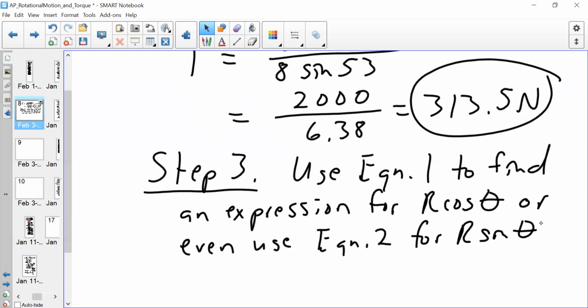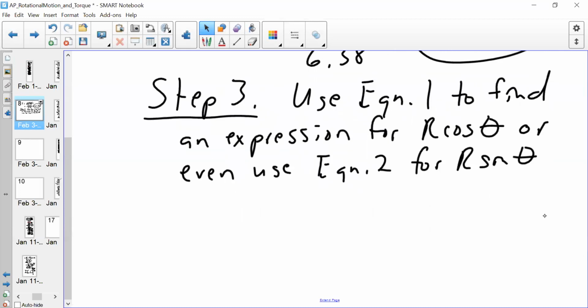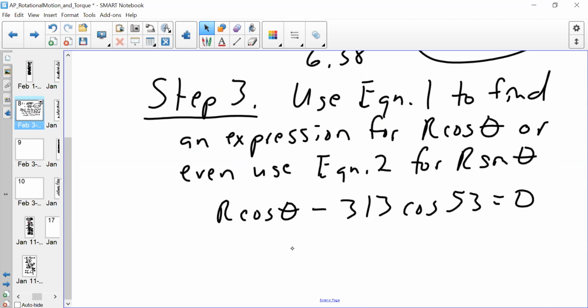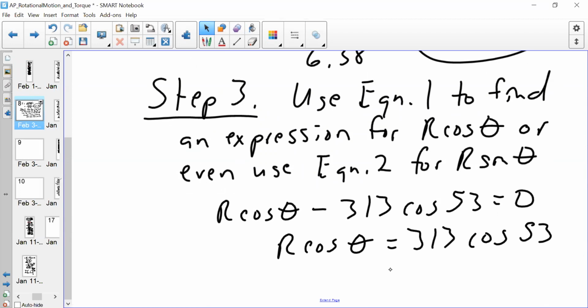All right, so let's use equation 1. Remember that was our cosine theta. So we have our cosine theta itself is 188.36 newtons.